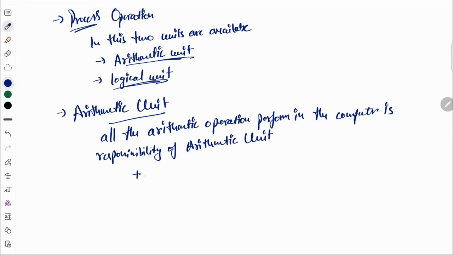Like plus, minus, multiply, divide, percent. These are the arithmetic operations.